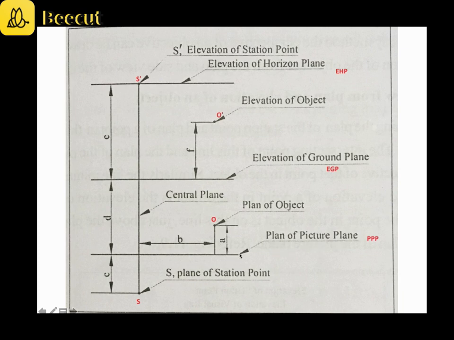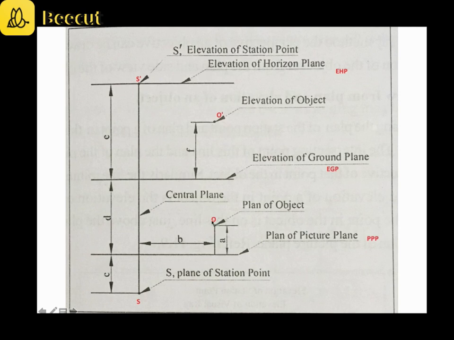In the PPP line you draw the top view of the object given in the question, whereas in the EGP line you draw the front view of the object. Just like in orthographic projection, above the XY line you draw the front view, and below the XY line you draw the top view.